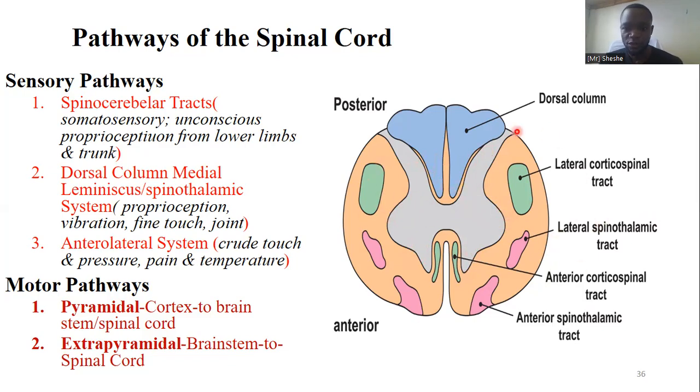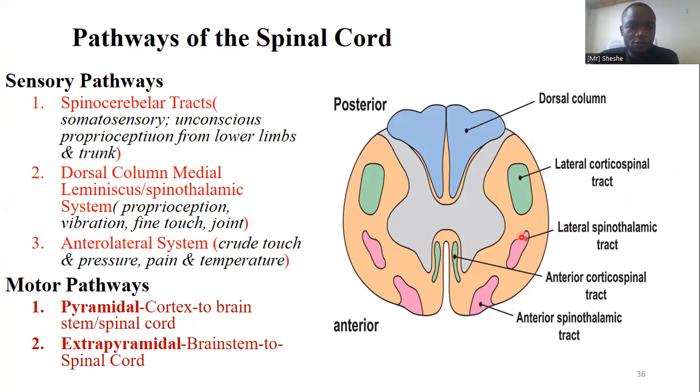Then the remainder is white matter, divided into ventral columns, this one and this one, posterior columns, that one there and even this one, these are the dorsal or posterior columns, then these lateral columns. Within these, there are nerves that have been identified as transporting information towards the brain, and towards the spinal cord from the brain.